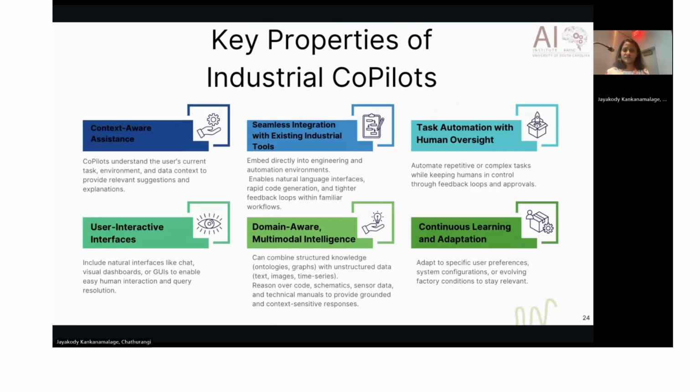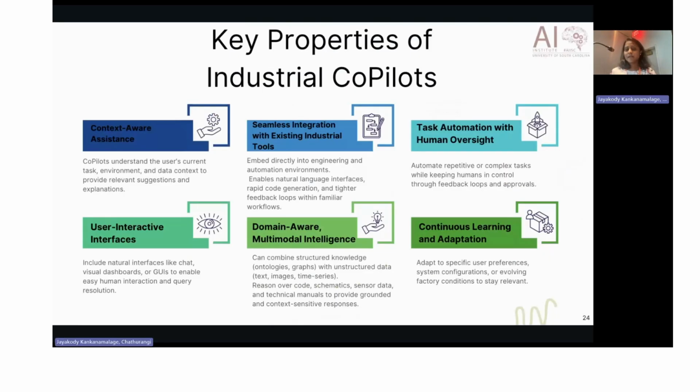And they also bring domain-aware multimodal intelligence, meaning that they can combine structured sources like ontologies, external knowledge graphs and external structured data sources with unstructured inputs like raw sensor streams, images, or technical manuals. This can enable deep grounded reasoning across a wide range of industrial inputs.